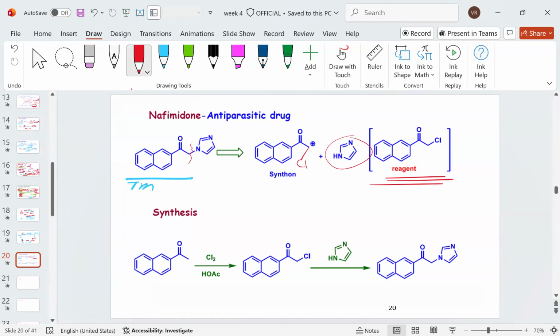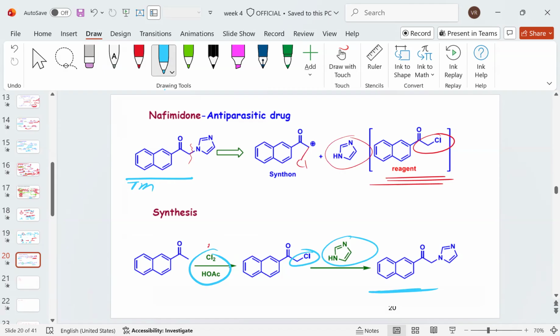But how can one achieve this chloro at this position? This can be done by Cl2 plus acetic acid, which gives chlorination at the alpha position of this ketone. This is the reaction condition for the chlorination here. Further addition of this nucleophile replaces the chloro and gives our target molecule.